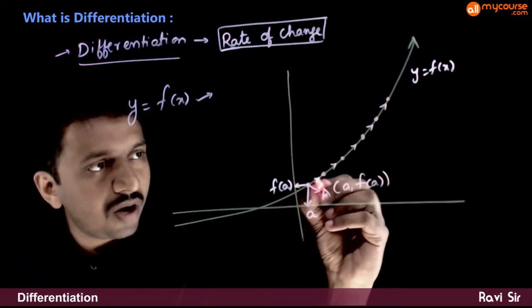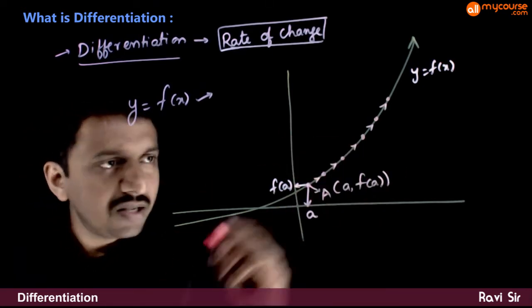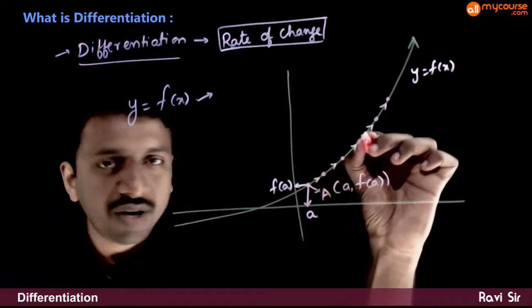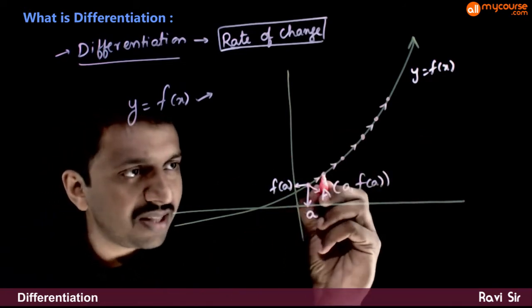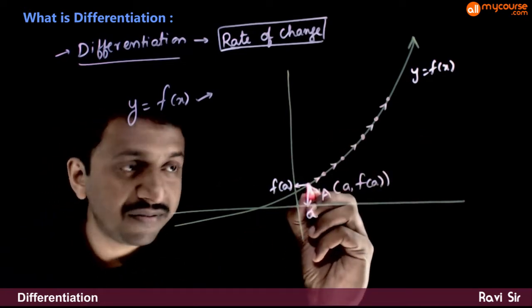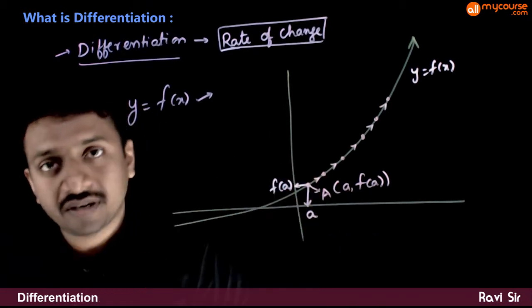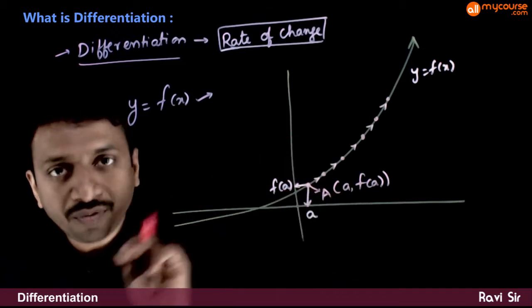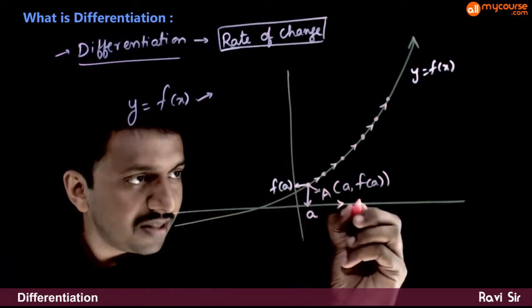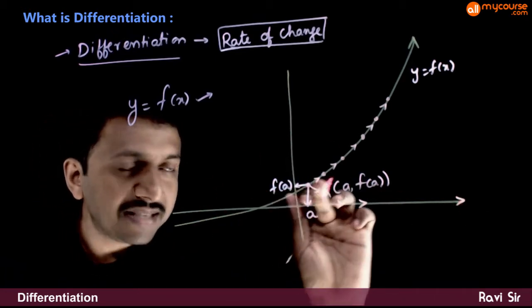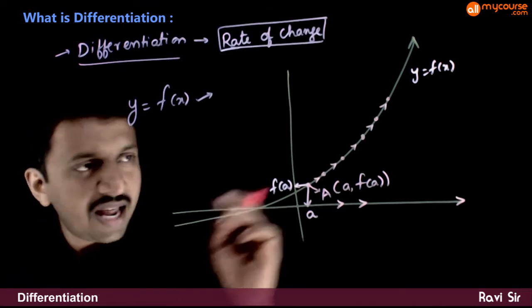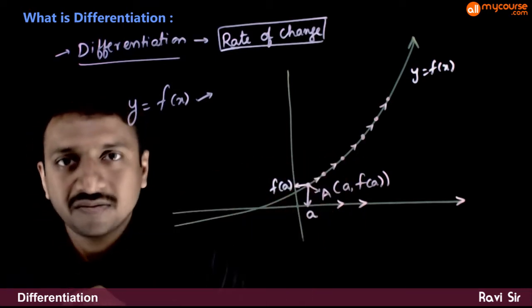Now as you move on this curve, as you go through different points, the x coordinate of this point is different from the x coordinate here. The y coordinate of this point is also different. So as you move in the right direction, x increases and y also correspondingly changes.